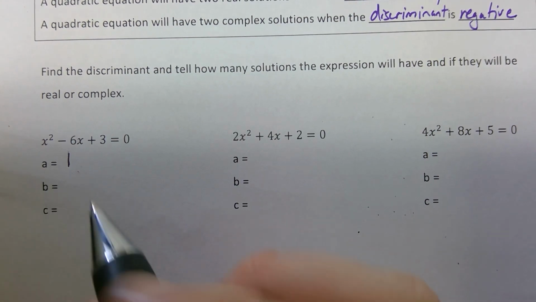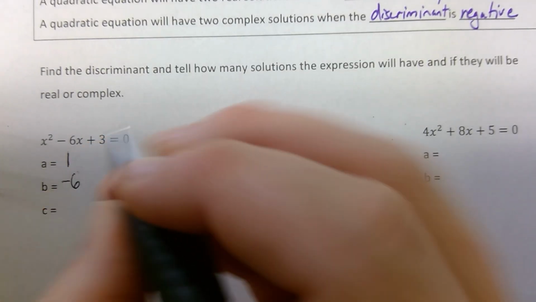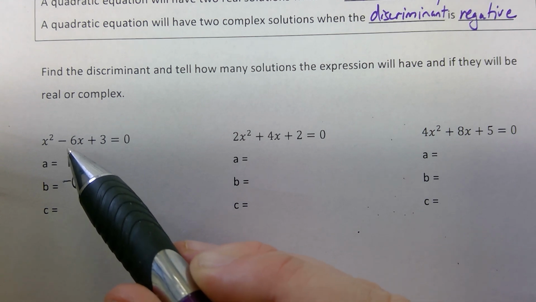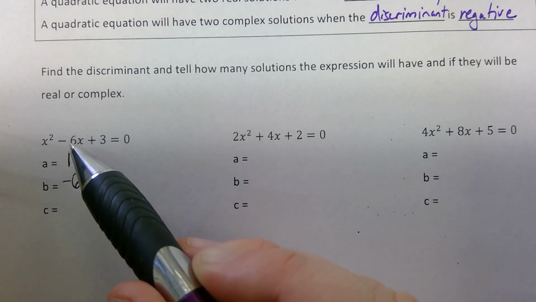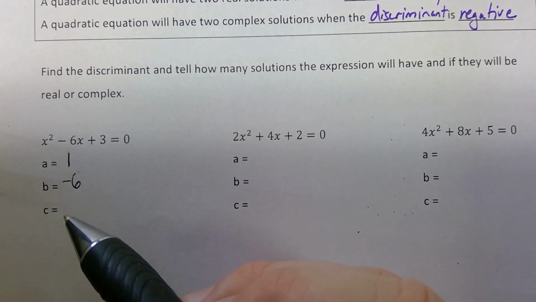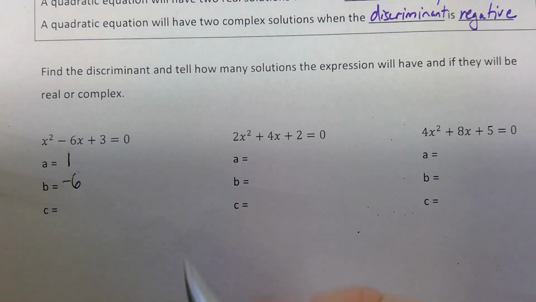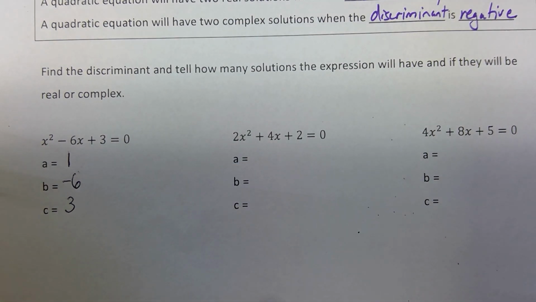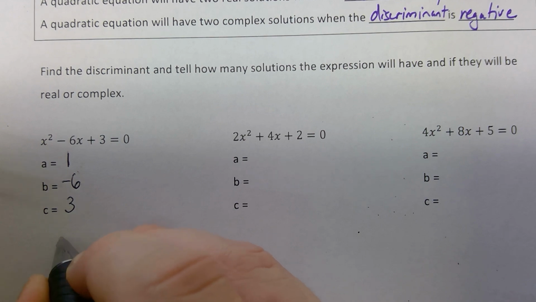Our number in front of x is negative 6. Now, we need to be careful. Whenever there's a coefficient, if there's a negative or a minus in front of it, it has to stay with it. If it's plus or positive, we don't need to show that extra part. But if it's negative or minus, we do need to show that it is going to be negative. And then C is going to be 3. Now let's look at our discriminant real quick.